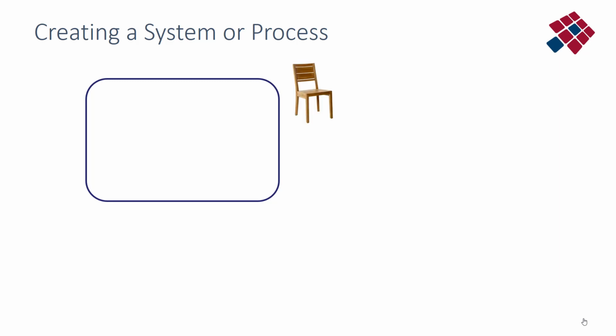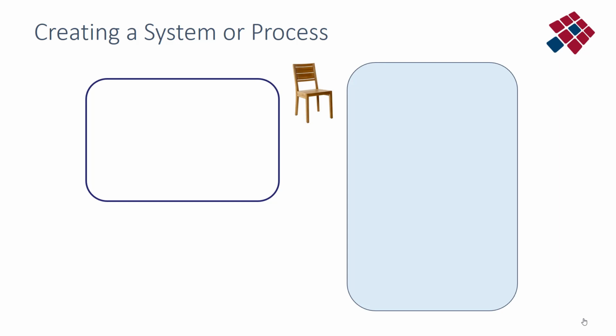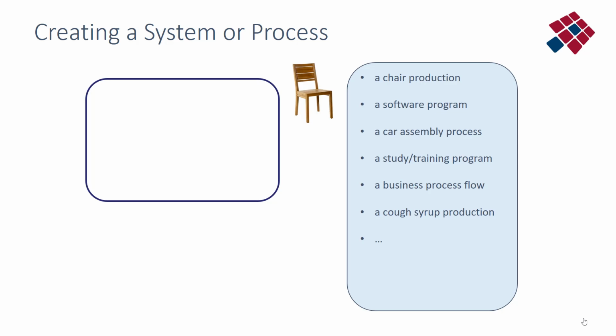system or process, for instance the chair, but we can have many other examples, and we will give during this presentation always the same 6 sample examples. I will not always explain them, I will not always mention them explicitly, but they will be there on the slides.